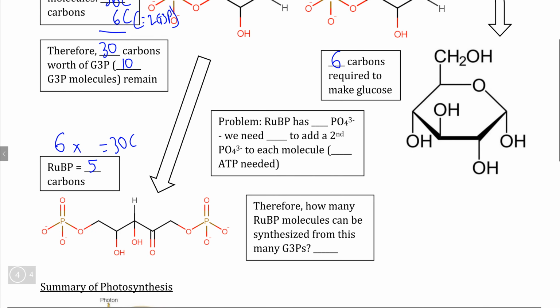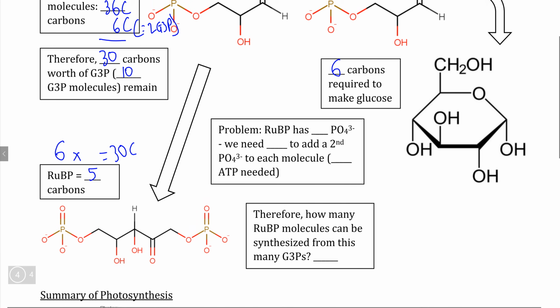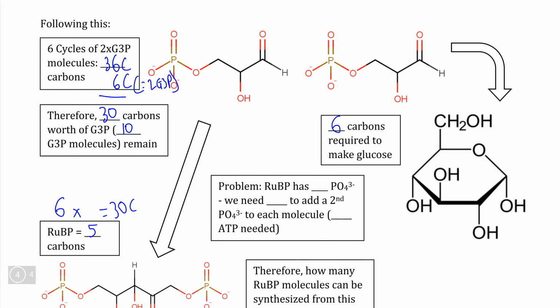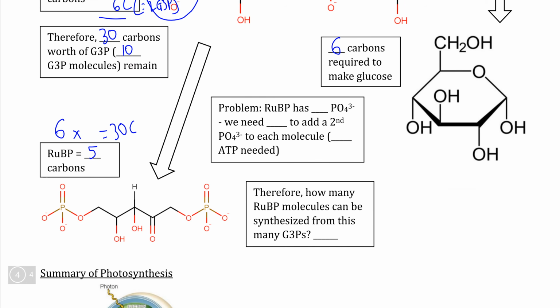Now, the only problem actually doesn't have anything to do with carbon now. The problem is phosphate now, because we can see that glyceraldehyde 3-phosphate only has 1 phosphate attached to it, but we can see RuBP has 2.